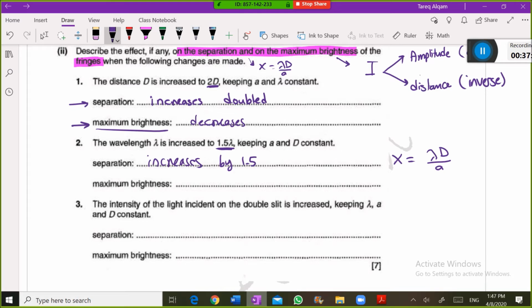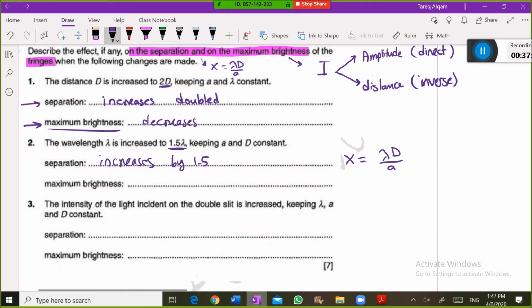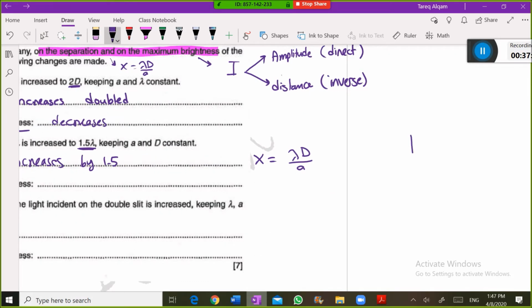Okay guys, if you remember, let me remind you of something. You know we have something called the double slit, right? From the double slit, the waves are spreading out, and they interfere at a certain point, which is the screen.